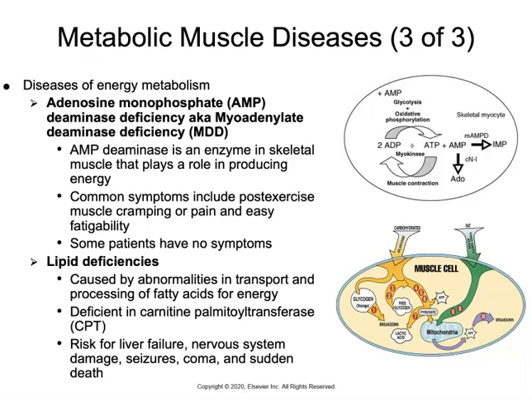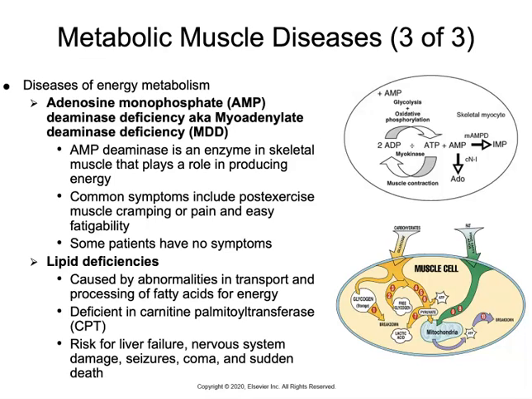The deficiency of this myoadenylate deaminase is going to impair our ability to generate phosphocreatine and ATP during exercise, which results in poor energy production for sustained activity. So our symptoms would include post-exercise muscle cramping or pain, and being easily fatigable.